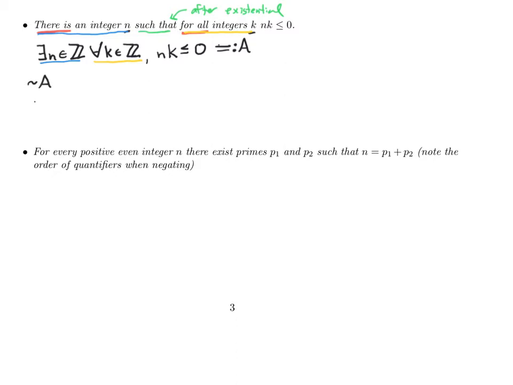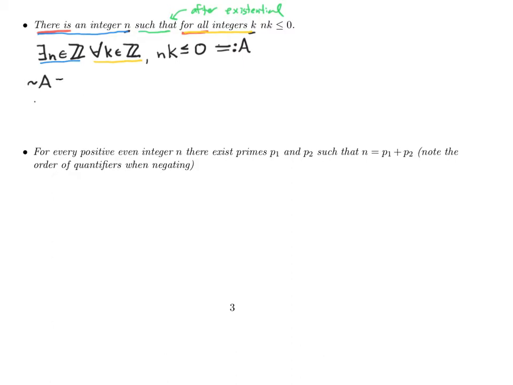So pause the video now and think about that. Okay, now that you're back, if I said it's false that there is an integer n such that for all integers k something happens, that must mean this isn't true. So for all n, you can find an integer k such that the open sentence isn't true. To negate this, we flip both quantifiers.